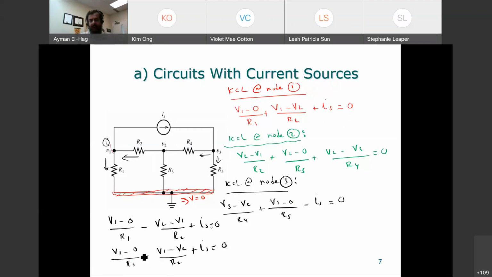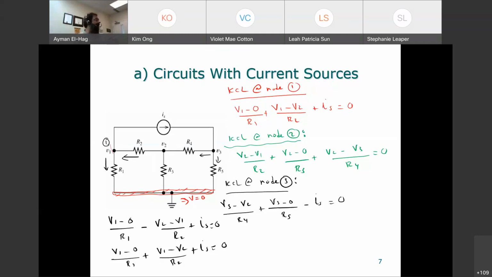When you look at this equation, it's exactly the same as this equation. So it doesn't really matter the direction of the current as far as you are consistent. Current entering the node is positive, current leaving the node is negative, or vice versa. Current entering the node is negative, current leaving the node is positive. And you go with this. It doesn't really matter what the directions of your currents are. Any direction will be fine.